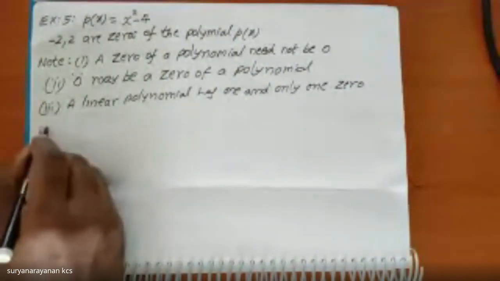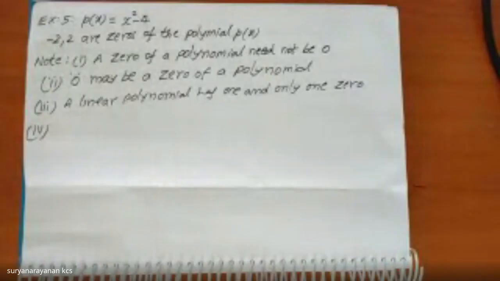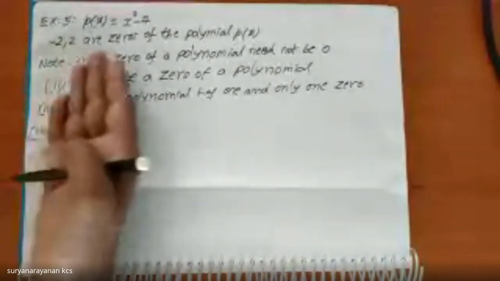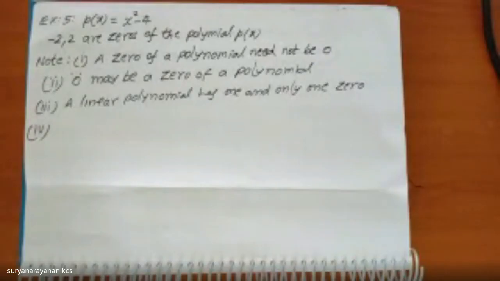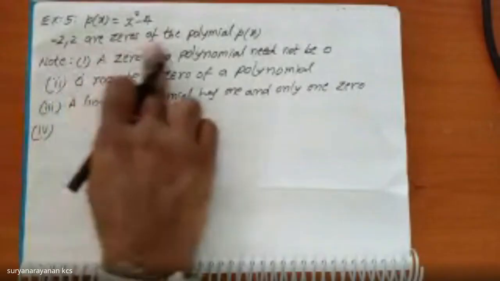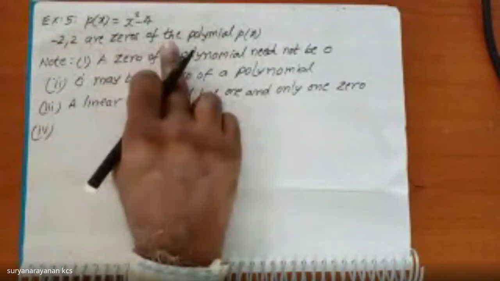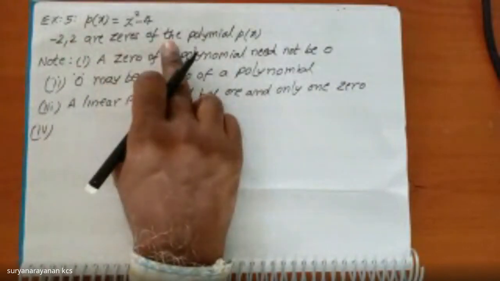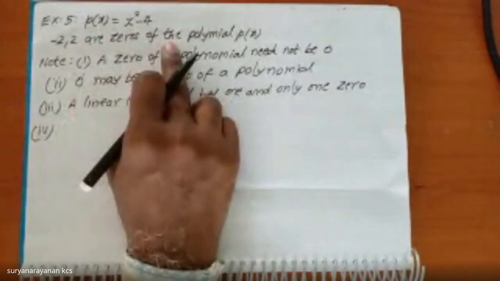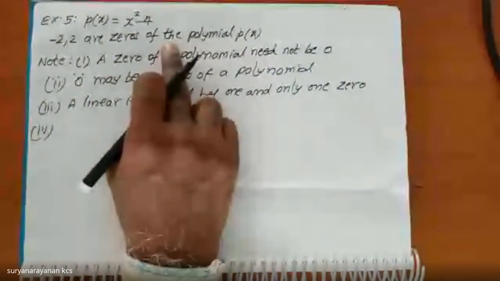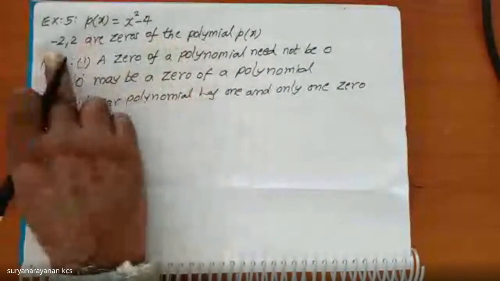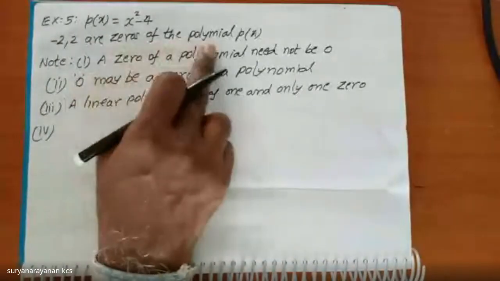See the next line, what I wrote here. We got 2 zeros. Below this example, I wrote this line. 2 zeros, -2 and 2. These two numbers are zeros of this polynomial.